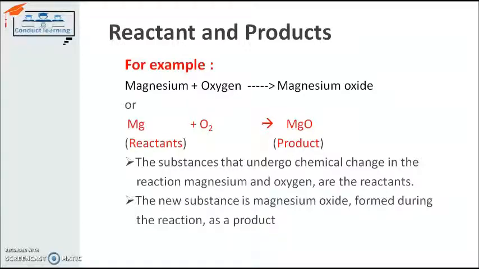So you have to look at this arrow. When the arrow points from left to right, the products are on the right-hand side of the arrow and the reactants are on the left-hand side. So by just looking at the equation you can find out the reactants and products. This is how you can understand what the reactants and products are in a chemical equation.